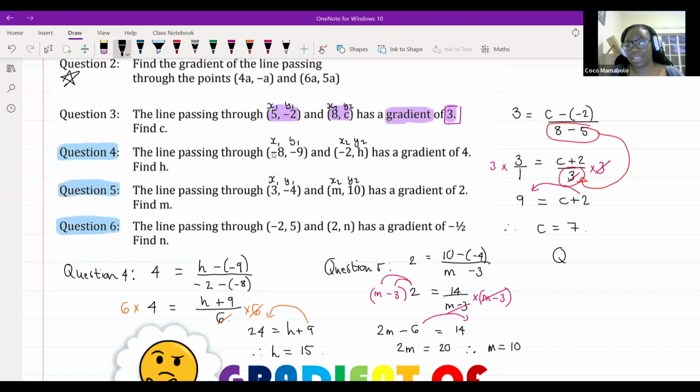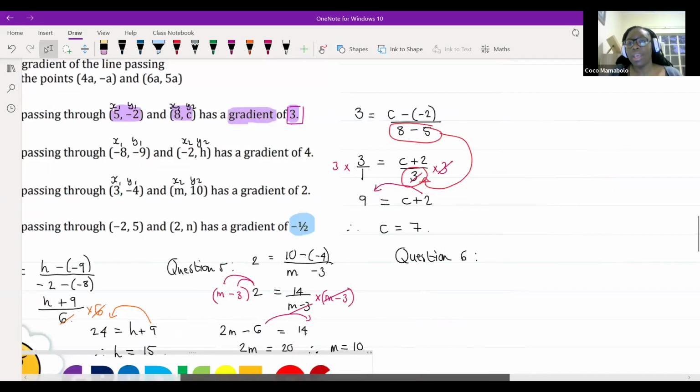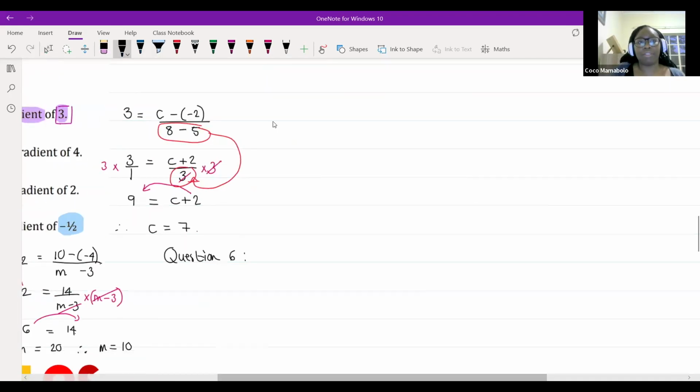Okay, let's talk about number 6, because question 6 is a bit tricky. I want us to quickly talk about the idea of having a negative fraction. If I told you guys that I've got negative 5 over 6, that tells me that my fraction overall is negative.